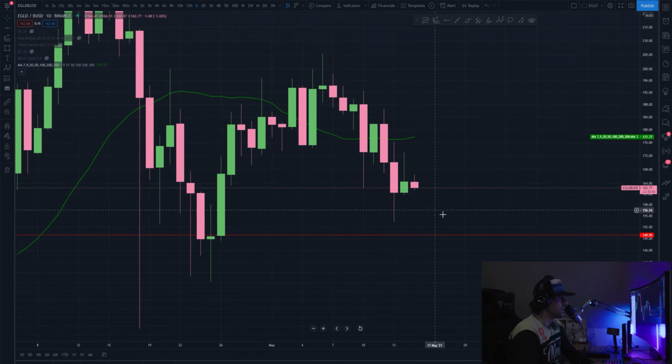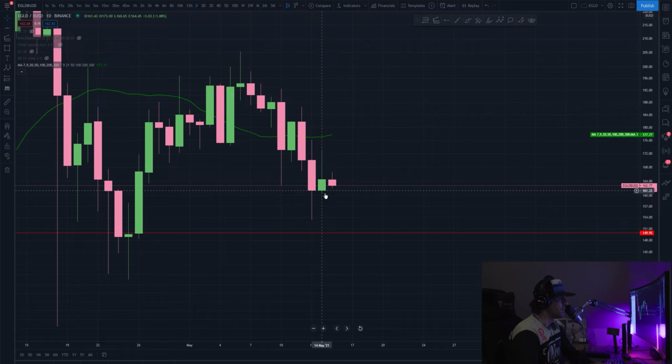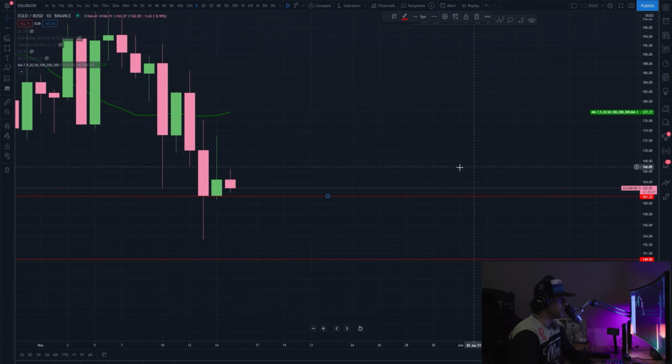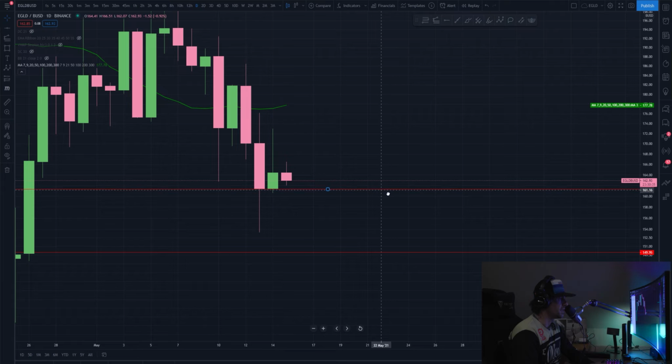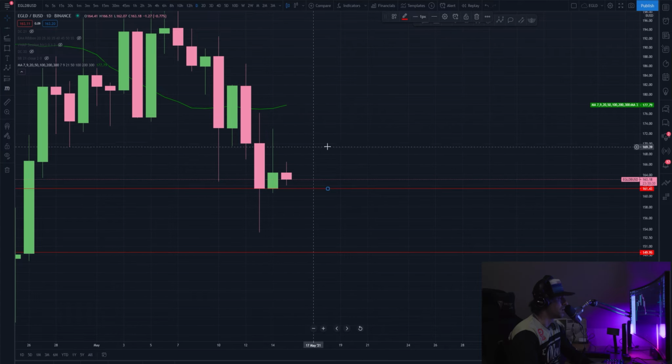On the daily chart, we created a double bottom yesterday, but tonight we close on a double top, which means that we are probably going to go down a little bit, and possibly we close tomorrow around 161 to create a double bottom, or we go lower.